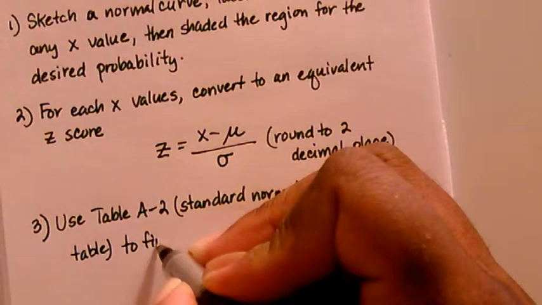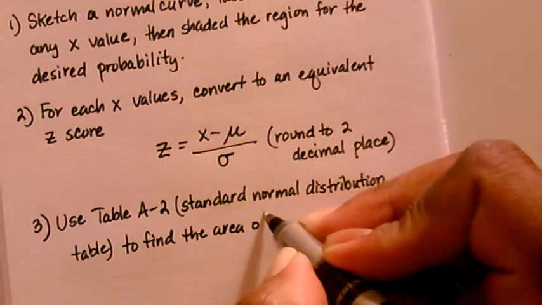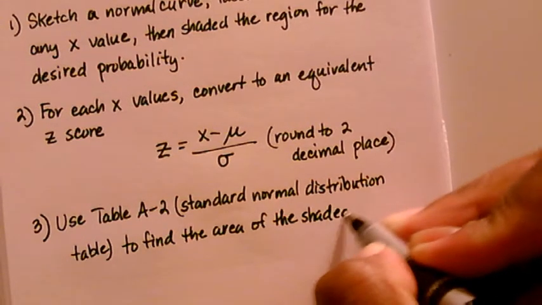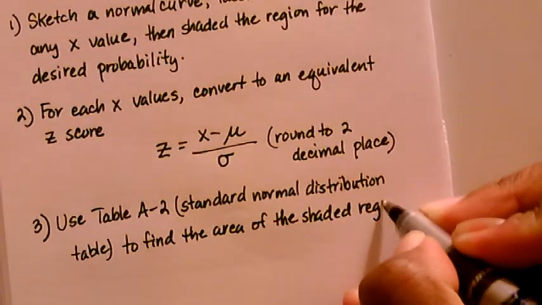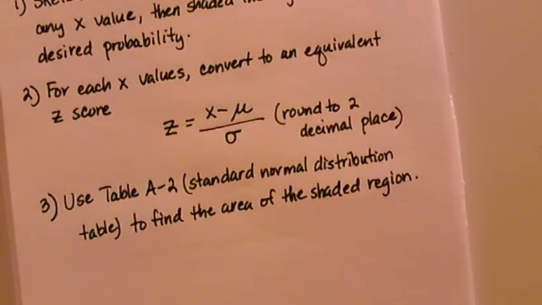You'll use that to find the area of the shaded region. And keep in mind that area is always going to be the probability value. So here, keep in mind that area and probability do have relationships. Okay?